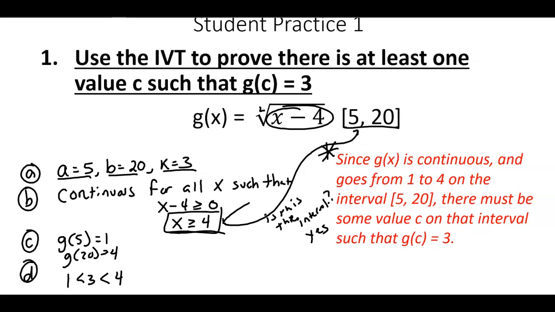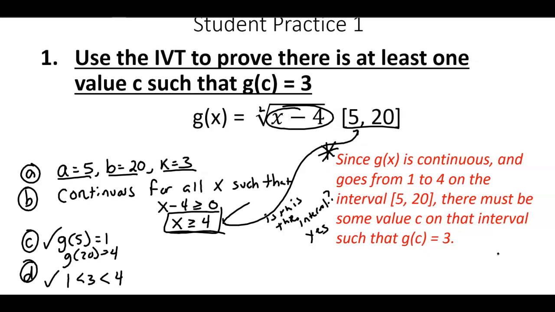All right? Here's your two g of a and g of b outcomes, or the two y values that we need. And then finally, our k value is between those two y values, and here's your final answer. Okay? So, that being said, that's the IVT. So make sure that you guys can say it in your own words, like what is it? Try to describe it. Practice.